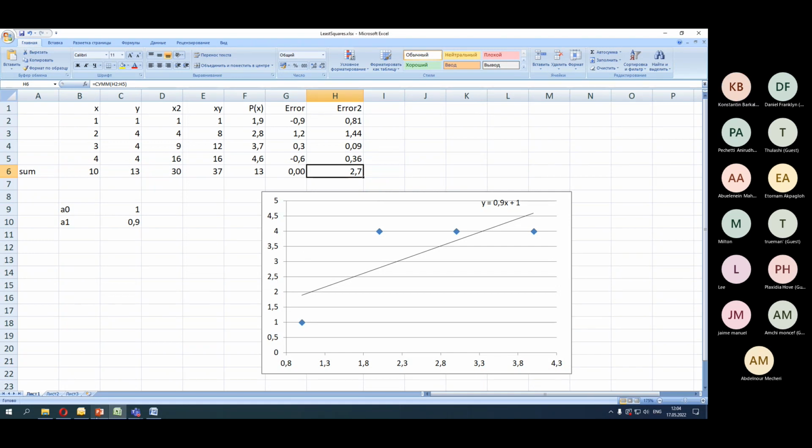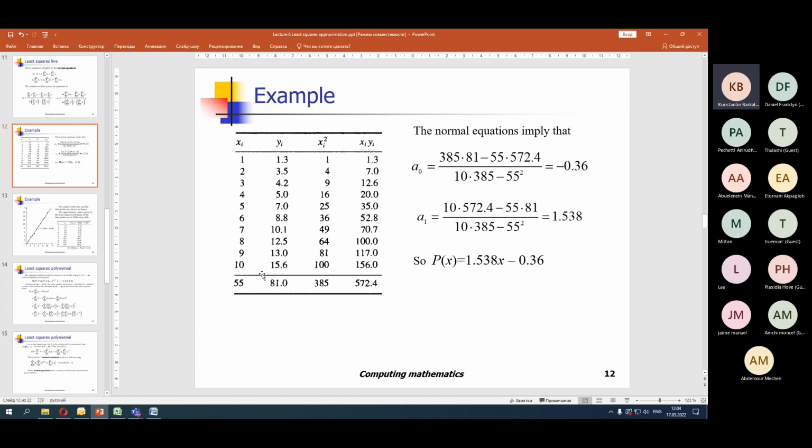Well, is it more or less clear how to find the least squares line? Do you have any questions about it? For me, no, Professor. No questions.